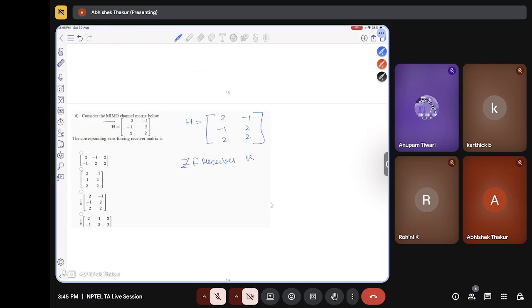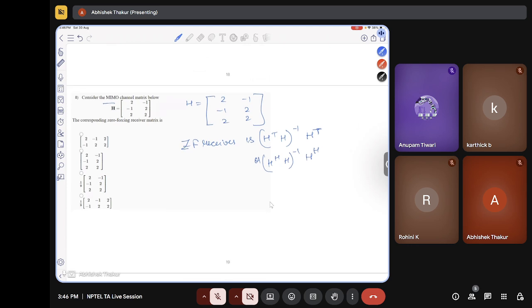So it is H transpose H inverse into H transpose. Sorry, H transpose. If it is complex, then we can take the Hermitian, H Hermitian H inverse into H Hermitian. But for this channel matrix the values are real.